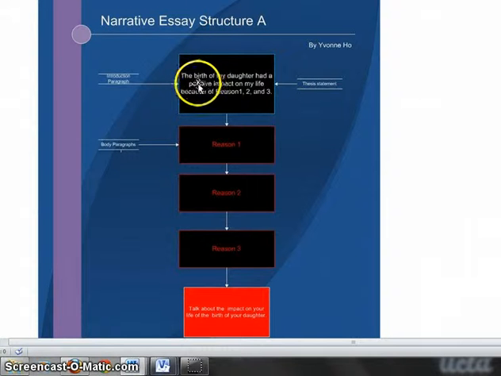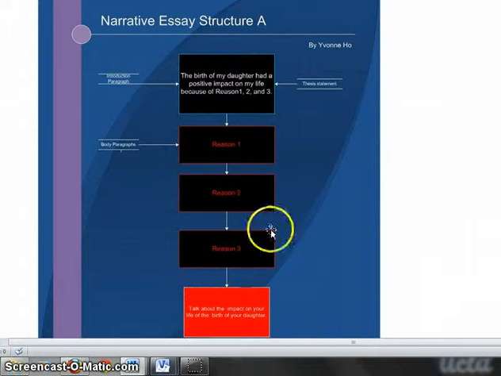So an example of this would be: the birth of my daughter had a positive impact on my life because for the first time in my life I got to think about somebody else but myself. Then reason 2, I finally have a family to call my own. Reason 3, I intend to be a role model for my daughter.